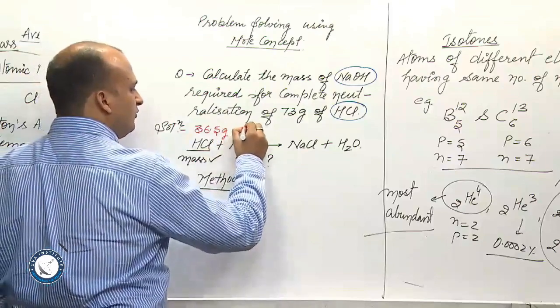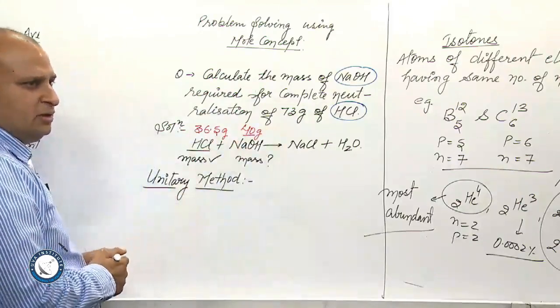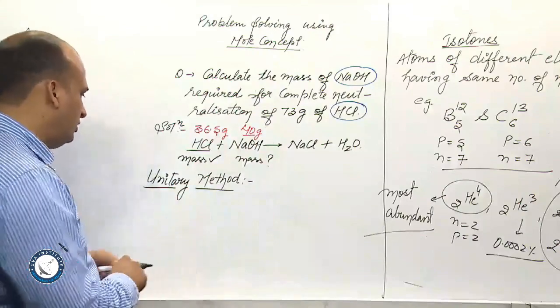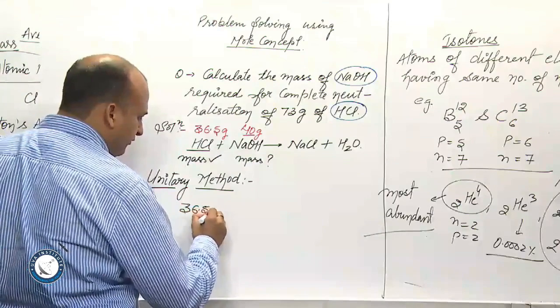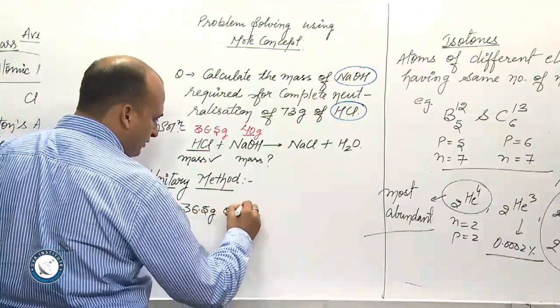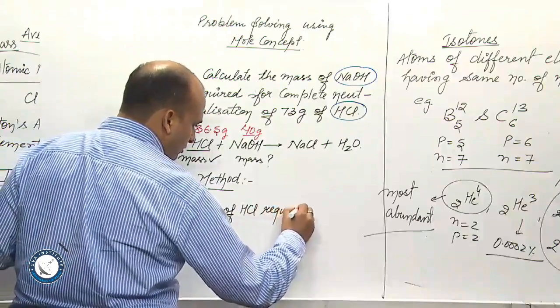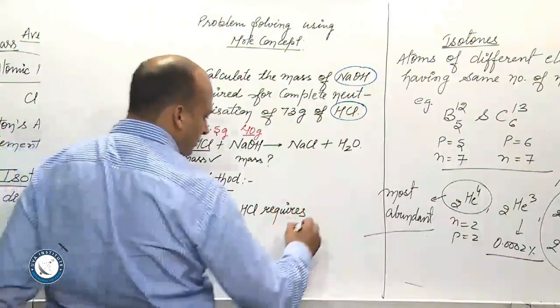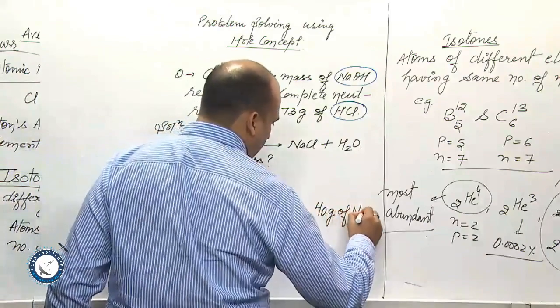What is the molar mass of NaOH? 40 gram per mole. Okay. So how may I solve it? I'll say 36.5 grams of HCl requires 40 grams of NaOH.